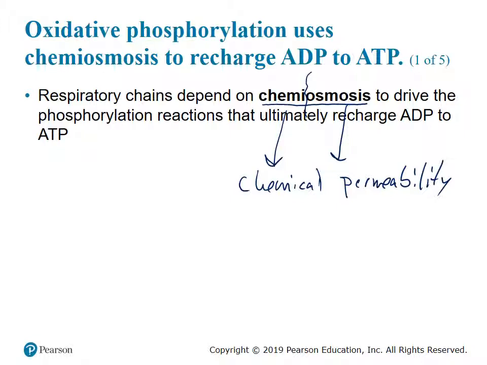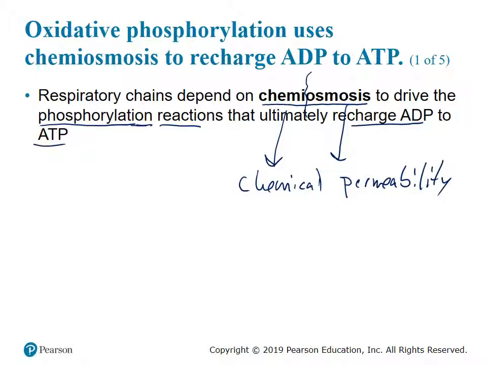And this is what we see in the last part of the electron transport chain, where these molecules travel from one side of the membrane to the other, back and forth. When these hydrogen atoms get pumped back at the very last step, it initiates the phosphorylation reaction that recharges ADP to ATP.